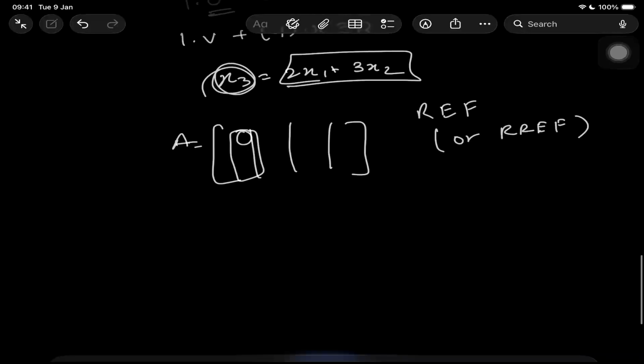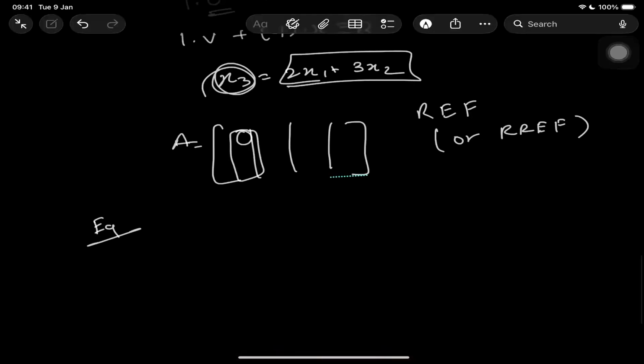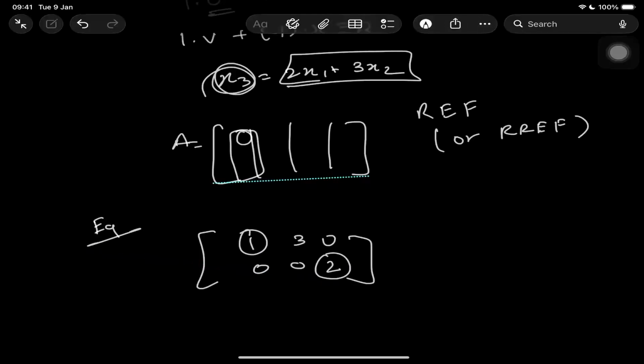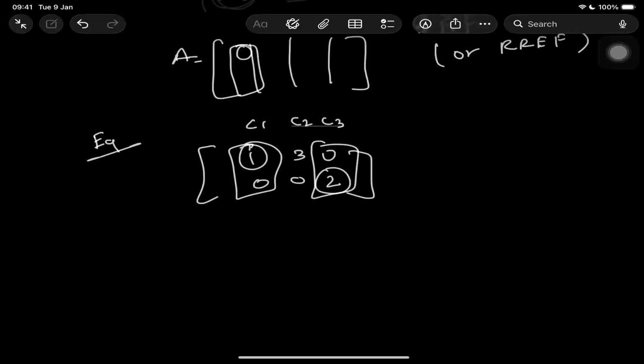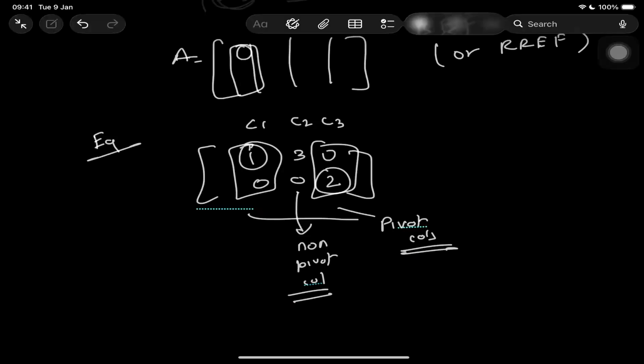Like if I take an example, I have 1 3 0 1 0 0 2. If I talk about my pivots, this is the pivot and this is the pivot, so these are the pivot columns. So C1, C2, C3. C2 is the non-pivot column, and these are pivot columns. So pivot columns are linearly independent, and this is linearly dependent.